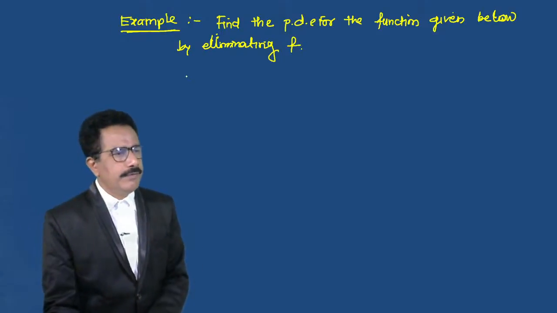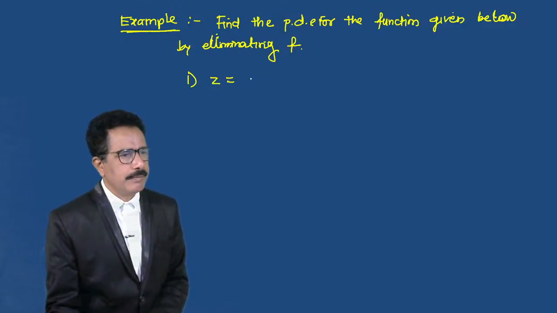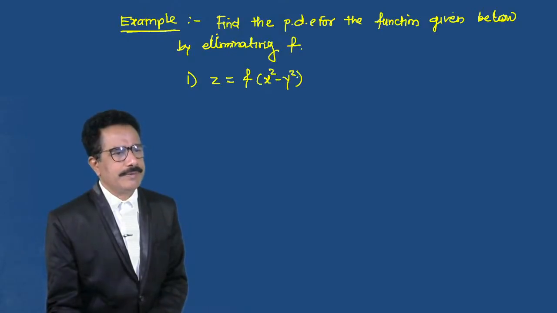So first problem, z equals f of x square minus y square.